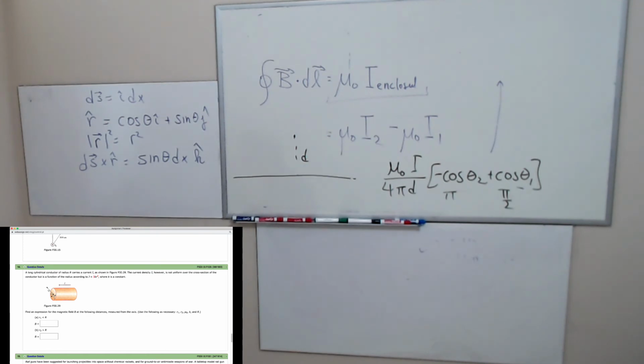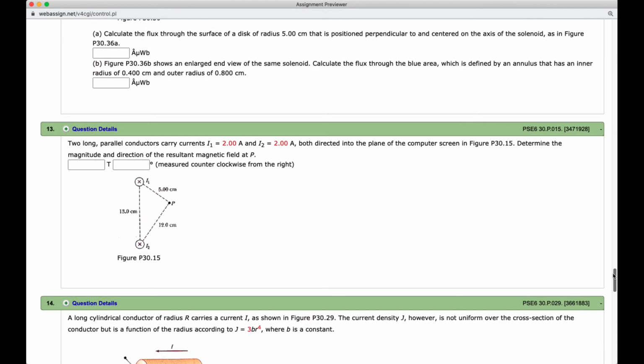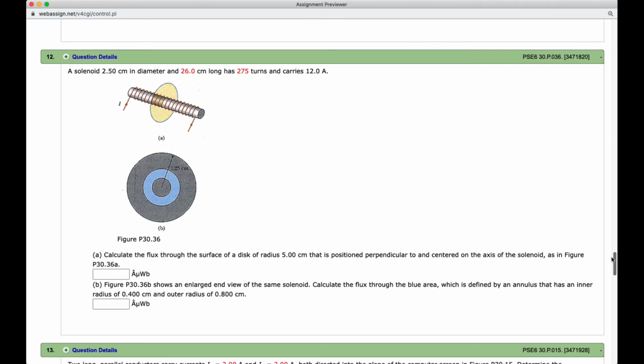In fact, this one I essentially did in class, so this shouldn't be hard. I talked about something like this in class. These are not very difficult. Like 12, don't confuse diameter and radius.